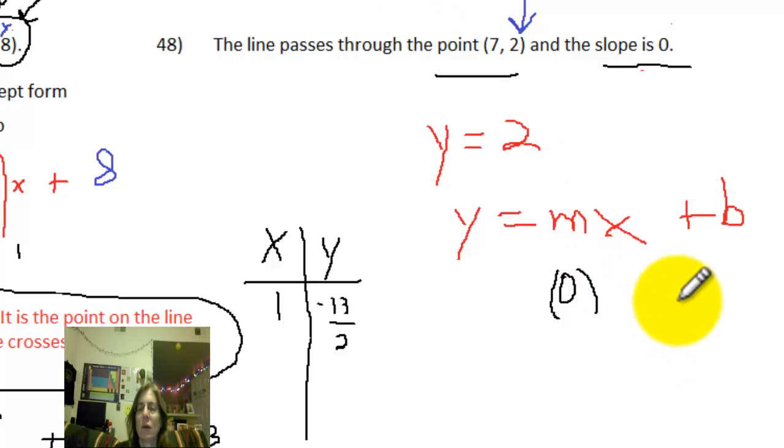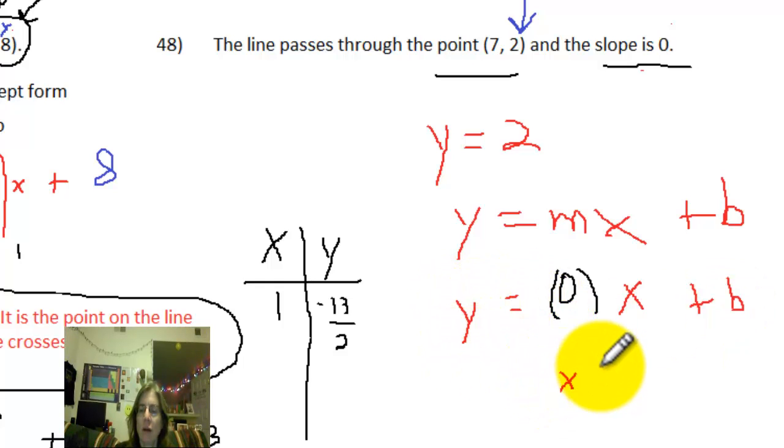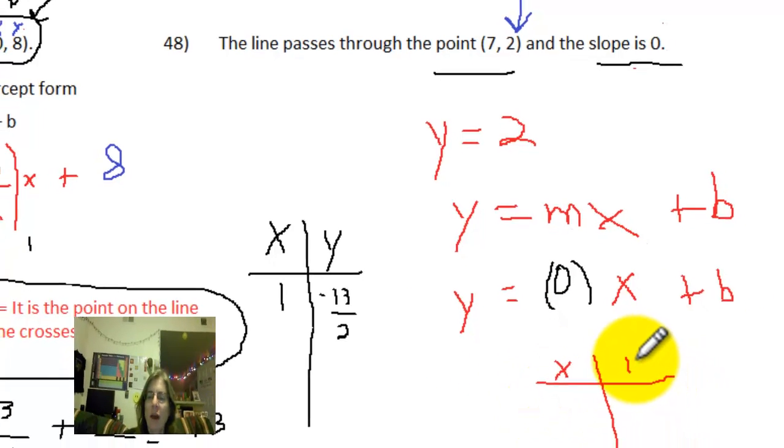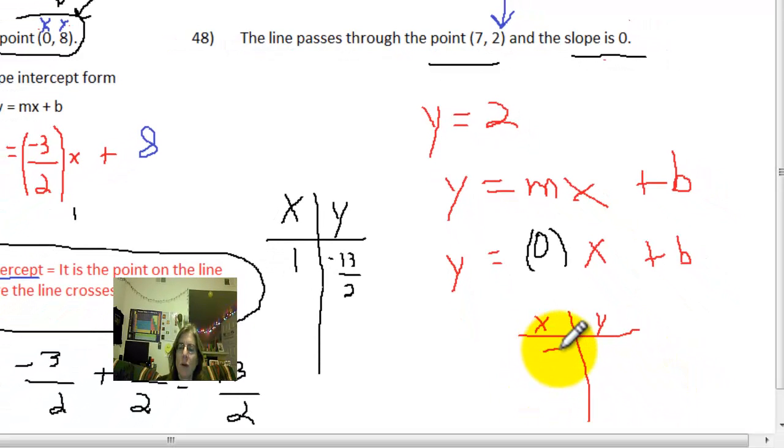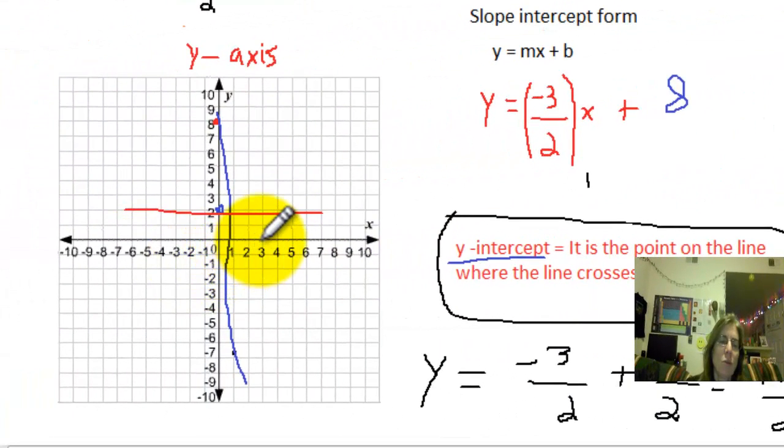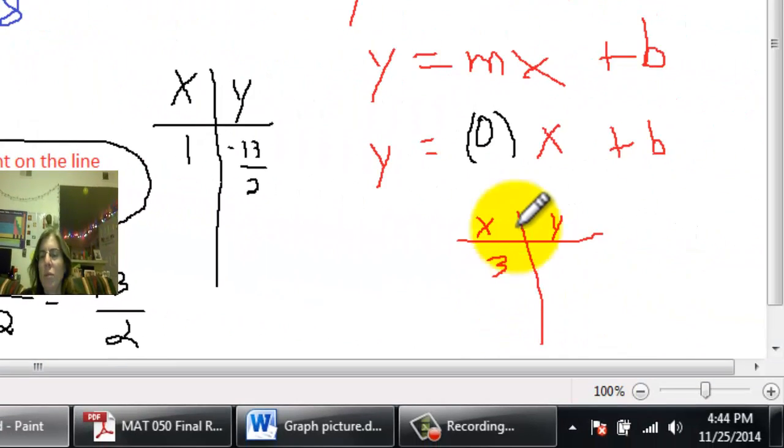So 0x, and how this works is no matter what value of x you plug in, like if I go to x equals 3, where am I going to go, up or down? If we plug in 3 for x, we get 3 times 0, and that's 0. So then 0 plus b is y. So y equals b.